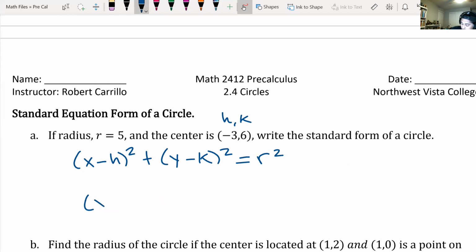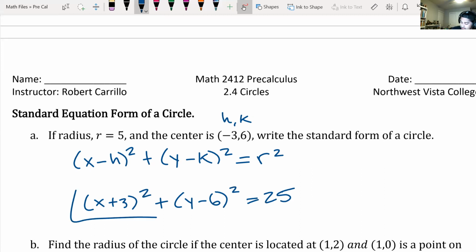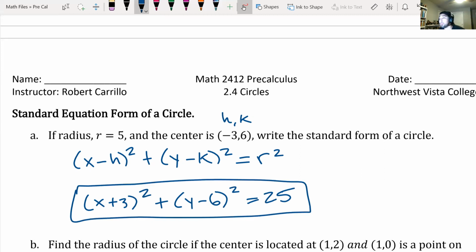So our answer here should be x, actually minus negative 3. So it's going to be (x plus 3) squared plus (y minus 6) squared equal to 5 squared, which gives me 25. And there you have it. This is the standard form of a circle, given the radius and given the center. All you have to do is plug in the components.